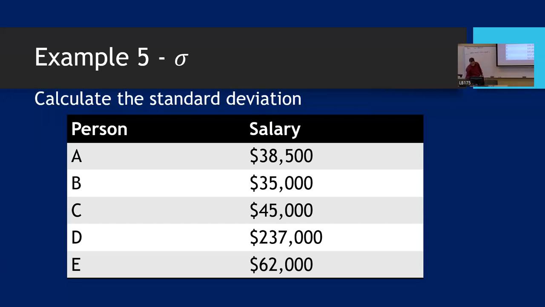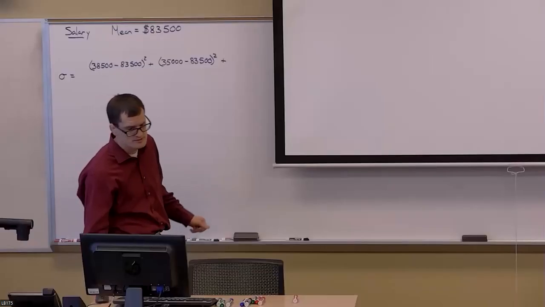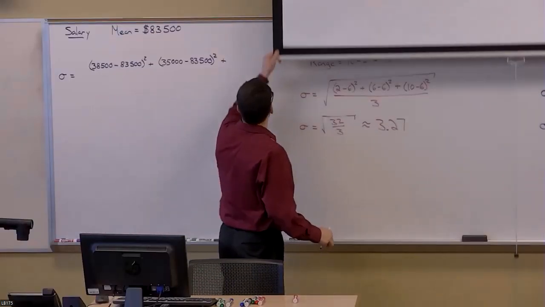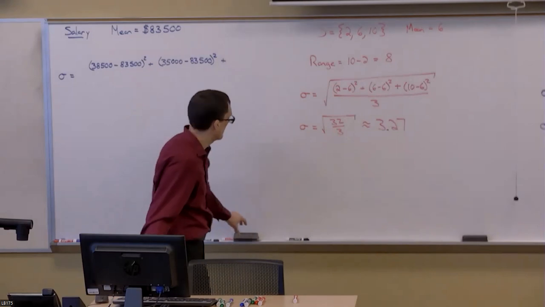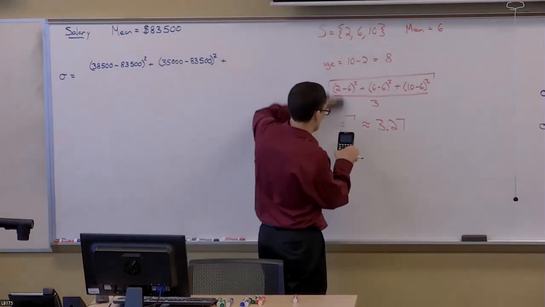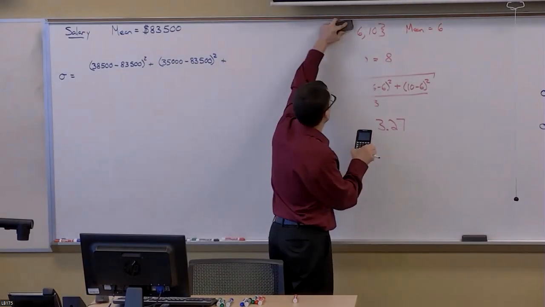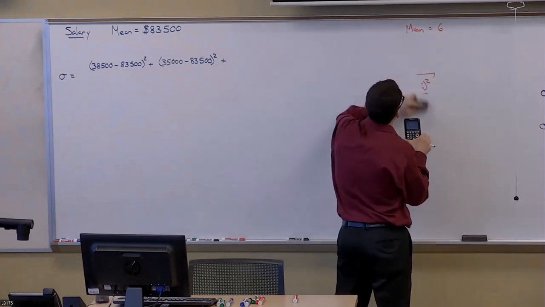I gotta mute this because I'm not gonna have enough room otherwise. All right. Let me write the data sets. So 45,000 is my next number.